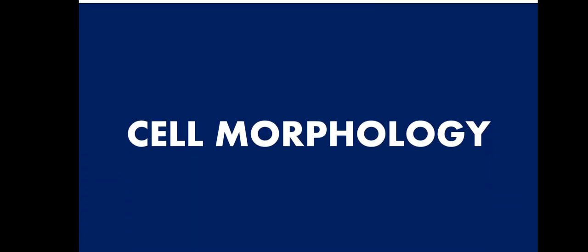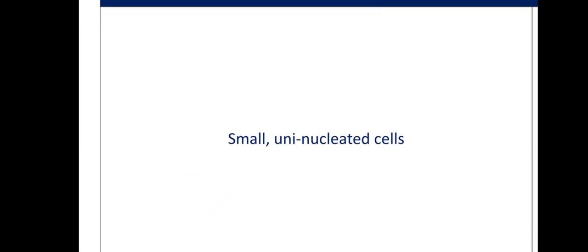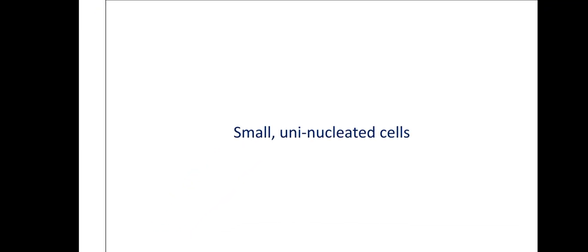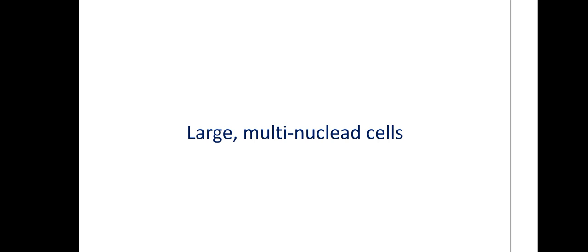Third difference between osteoblast and osteoclast is their cell morphology. So cell morphology of osteoblasts is that they are small and uninucleated cells. Uninucleated means they have one nucleus per cell, while the cell morphology of osteoclasts is that they are large multinucleated cells.